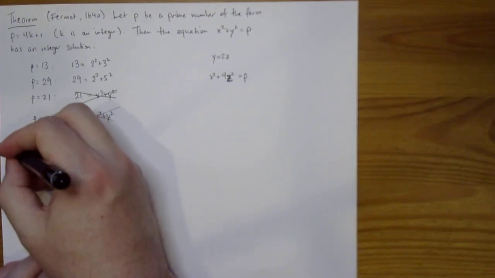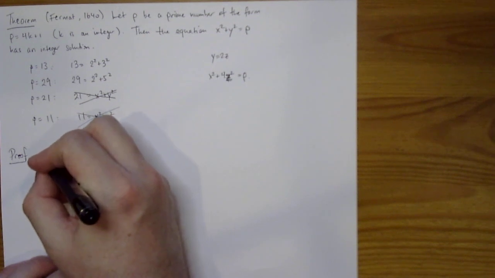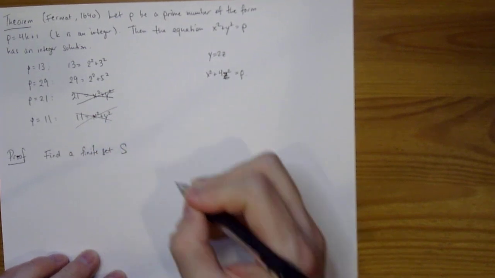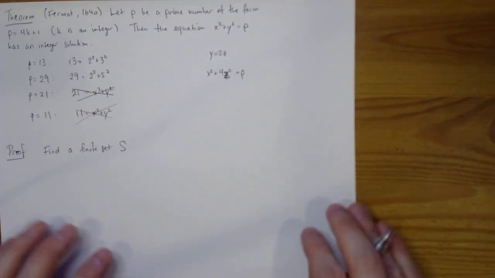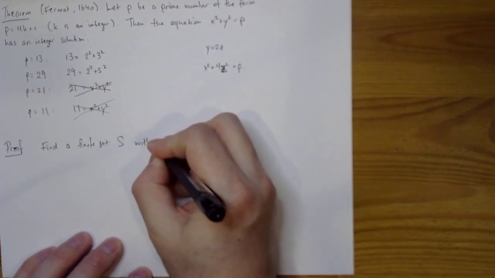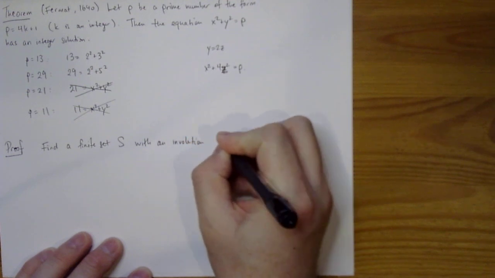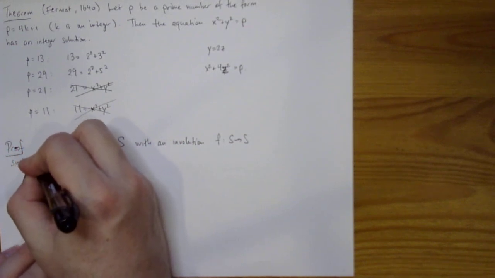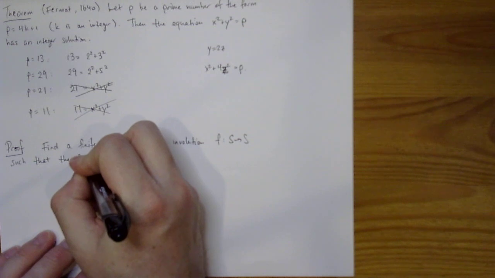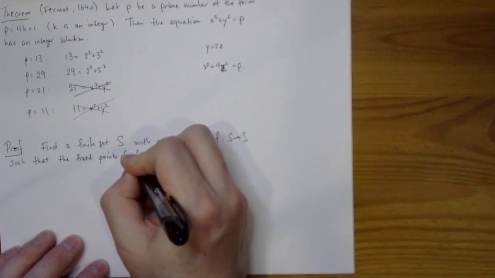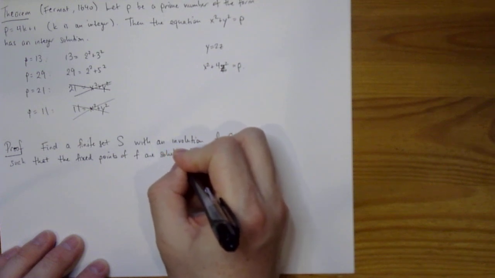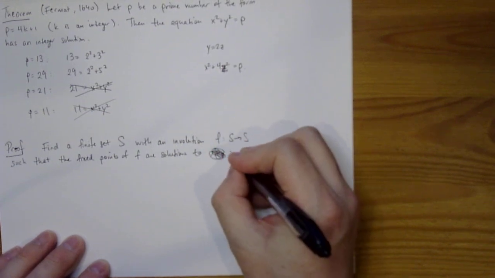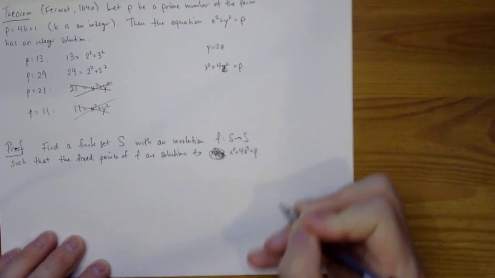So the proof is we're going to find a finite set S, and an involution f on S, such that the fixed points of f are solutions to x squared plus 4z squared equals p.